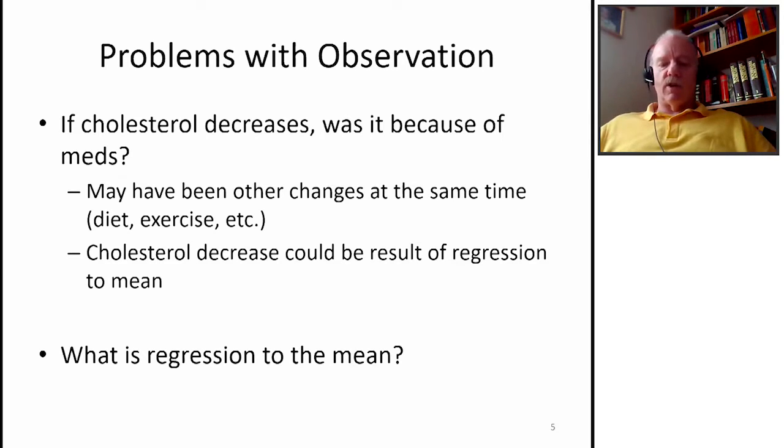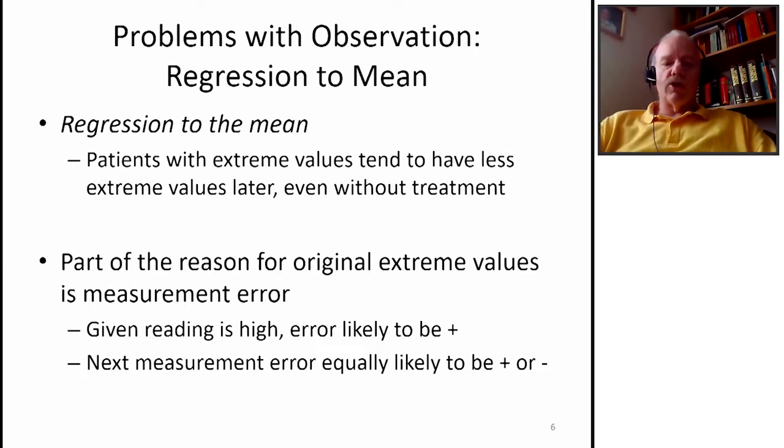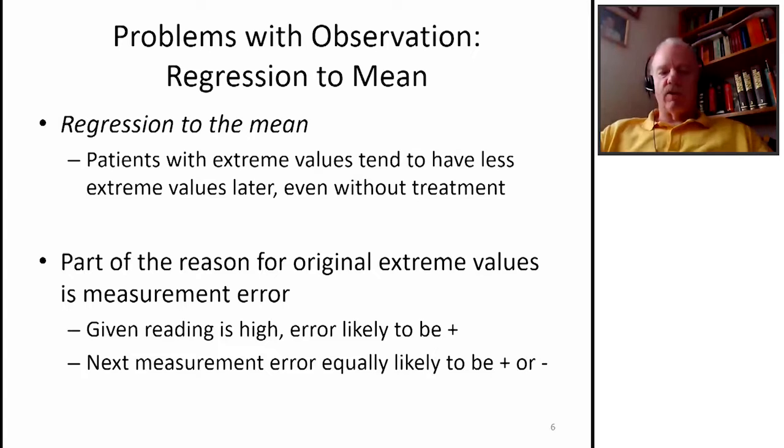Now, what is regression to the mean? Regression to the mean says that people with extreme values of something, cholesterol, blood pressure, whatever, tend to have less extreme values if you measure them again later, even if you don't treat them at all. Part of the reason is that the reason the original value was extreme, part of that reason is measurement error.